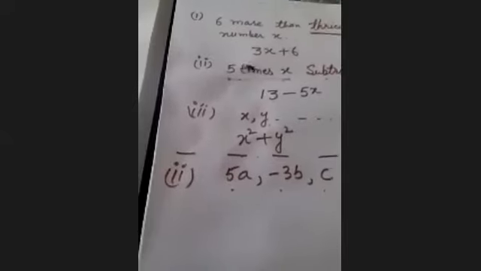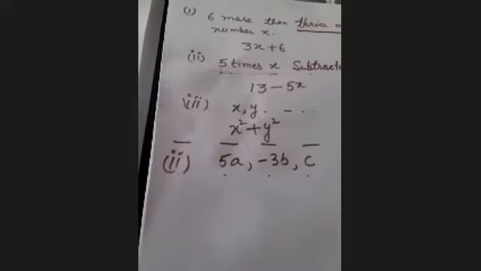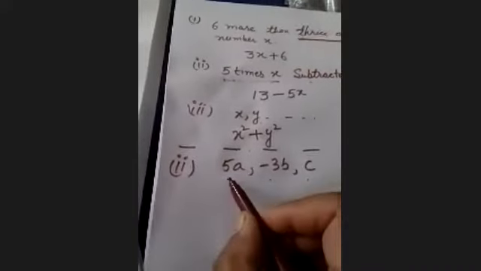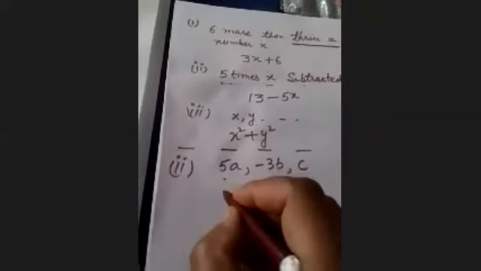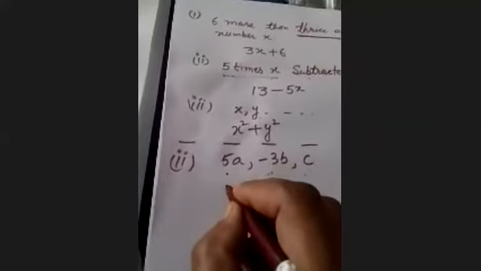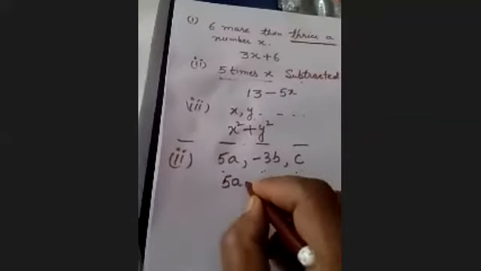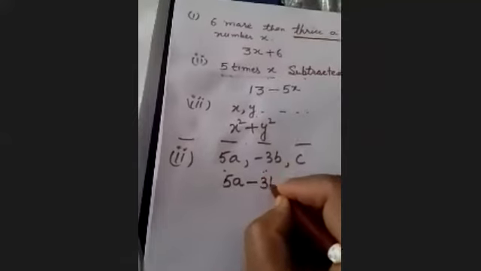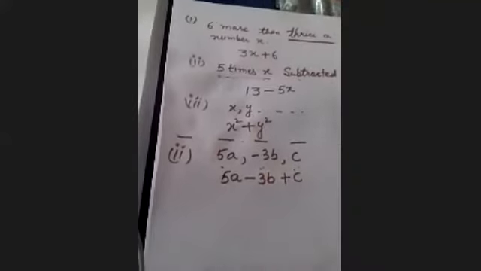Now write the algebraic expression. The algebraic expression should be 5a minus 3b plus c.